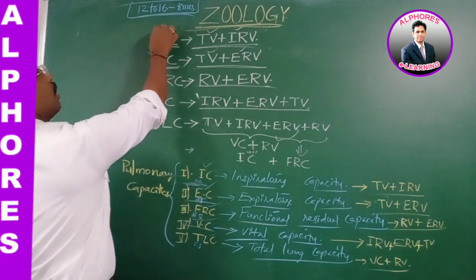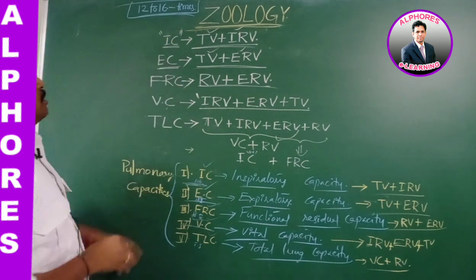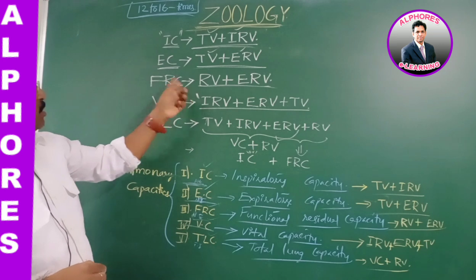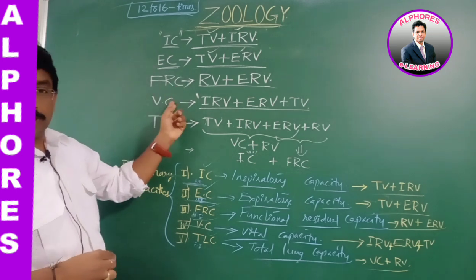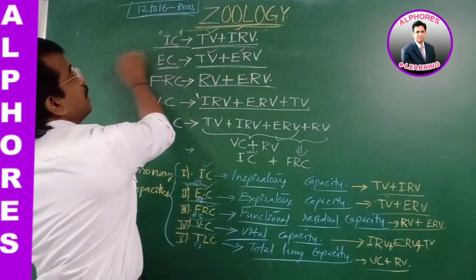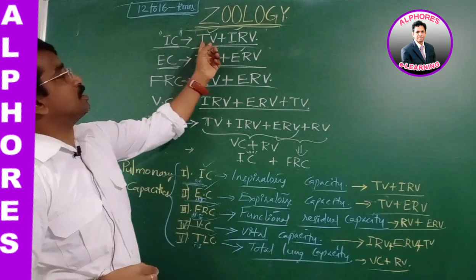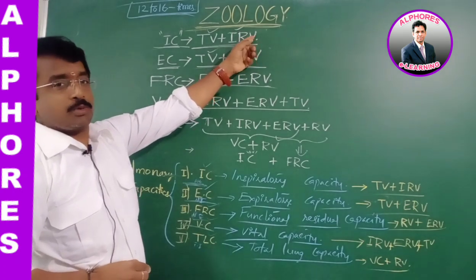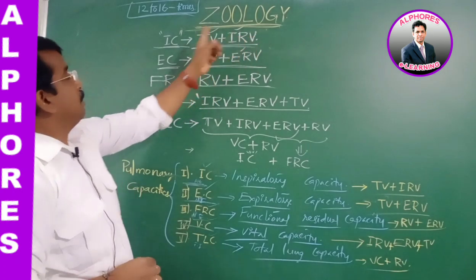The capacities are inspiratory capacity, expiratory capacity, functional residual capacity, vital capacity, and total lung capacity. Inspiratory capacity is TV plus IRV; these equations are also important questions for NEET.